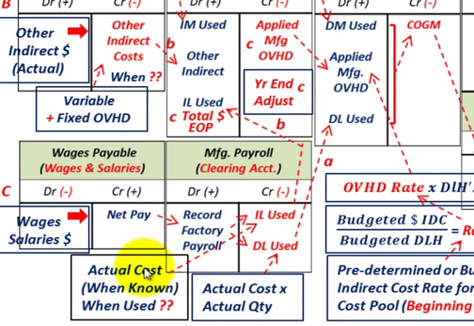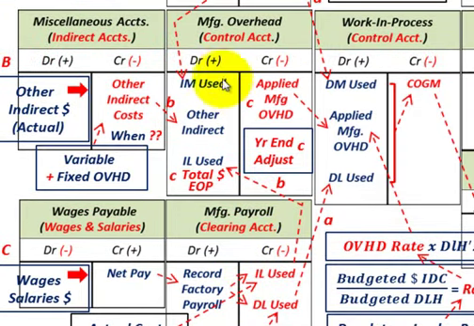Some of them may be known right away, indirect support like maintenance department support for that particular product, versus direct labor for machining or something like that. So the question is, when are they known, and when do you allocate them? Do we know it when they're used? Generally not, but sometimes you do. But nonetheless, this indirect labor is going to go up into the manufacturing overhead control account.